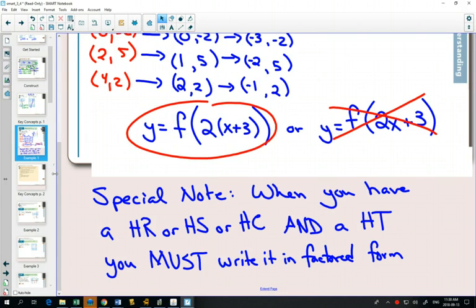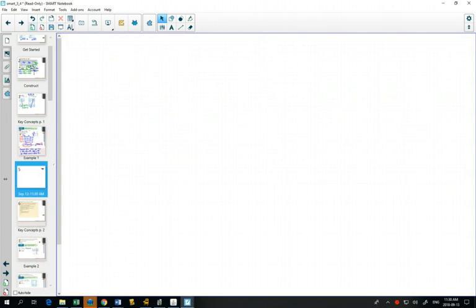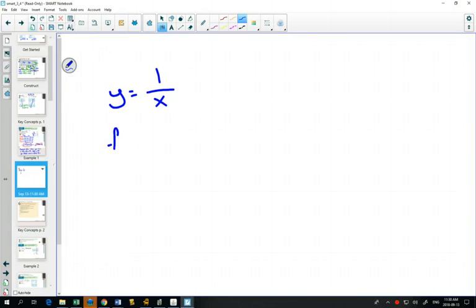Why? Well, we'll take a graph where it's easy to see why that happens. The most complicated graph that we've learned so far is your reciprocal graph. Or I can write this as f of x equals 1 over x.